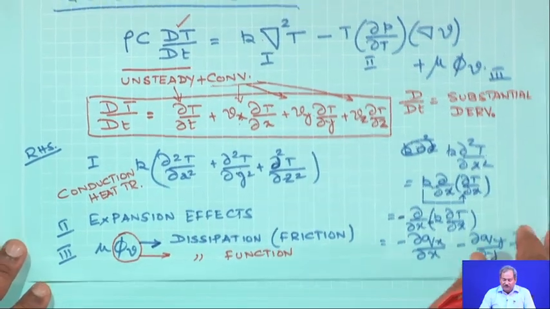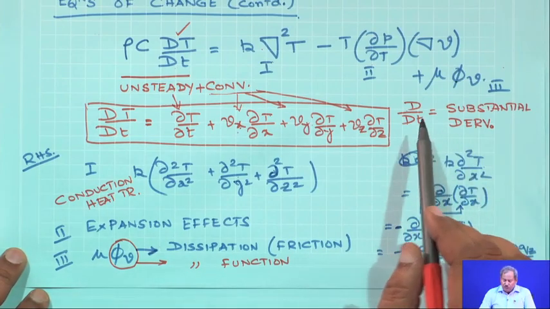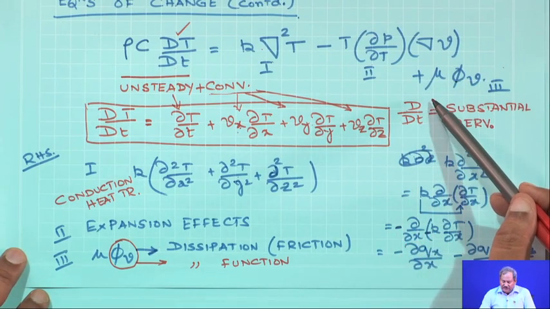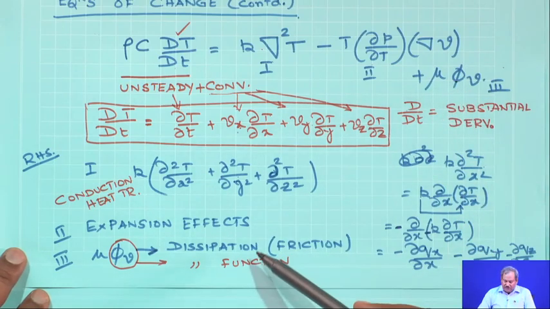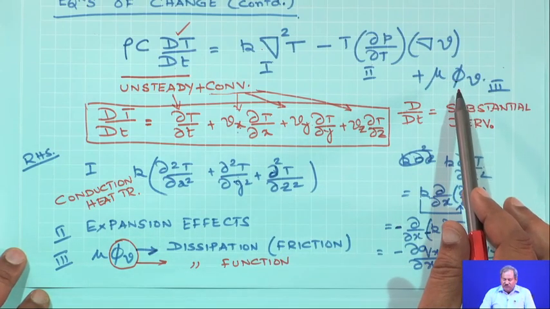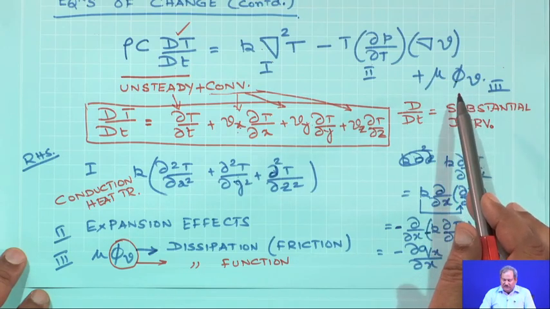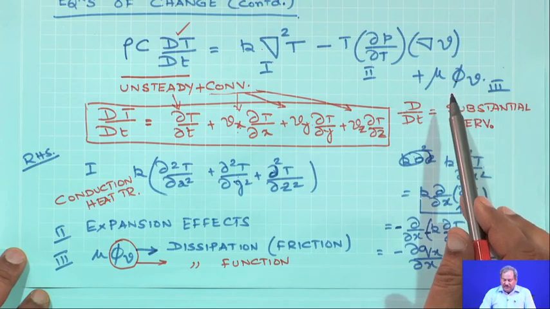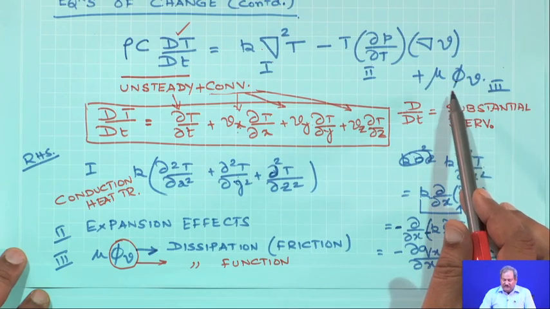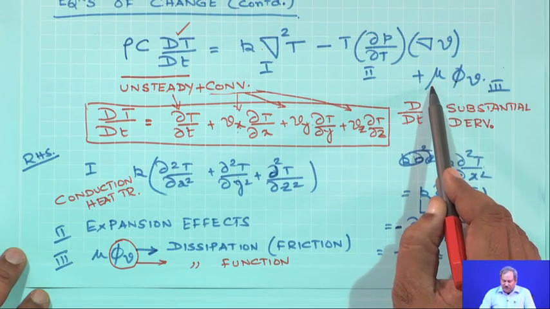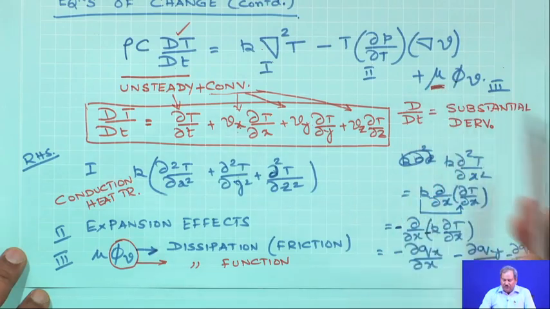overall scheme of things. So, for most of the practical cases, this third term can be neglected. The phi v, the dissipation function or the energy change of a system due to viscous dissipation is neglected, and you can easily identify the term by noting that you have a mu in front of this.